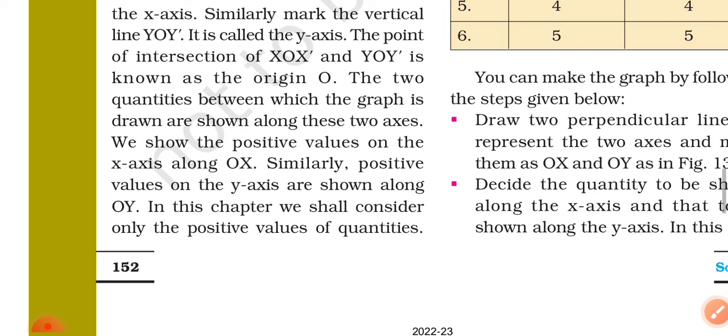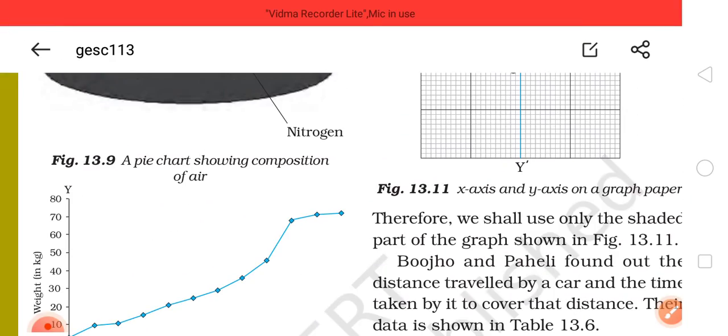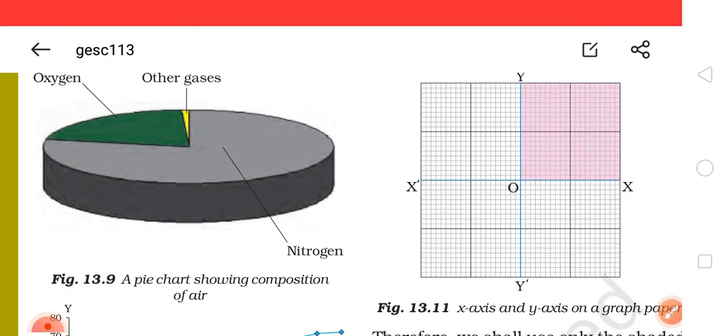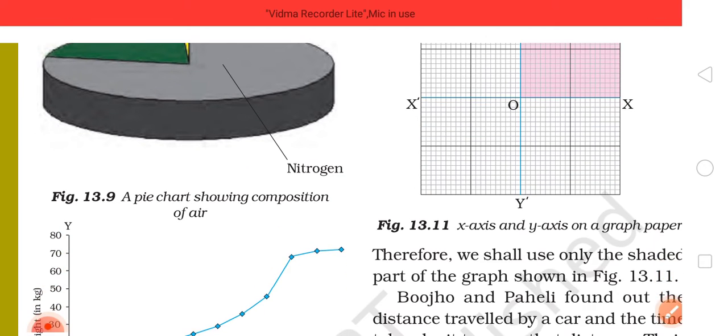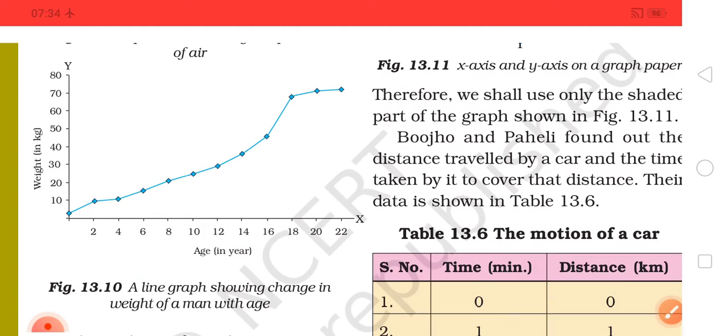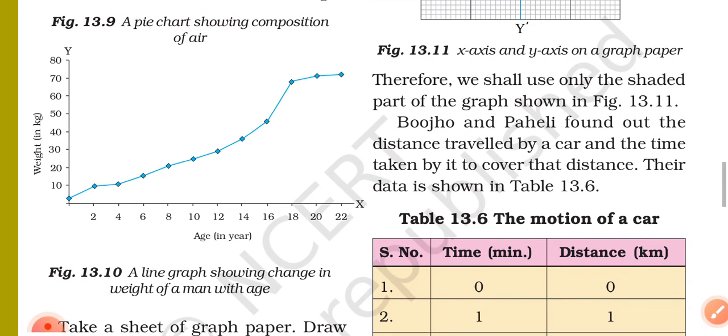We show the positive values on the x-axis along OX. Similarly, positive values on the y-axis are shown along OY. In this chapter, we shall consider only the positive values of quantities. Figure 13.11, x-axis and y-axis on a graph paper. Therefore, we shall use only the shaded part of the graph shown in Figure 13.11.